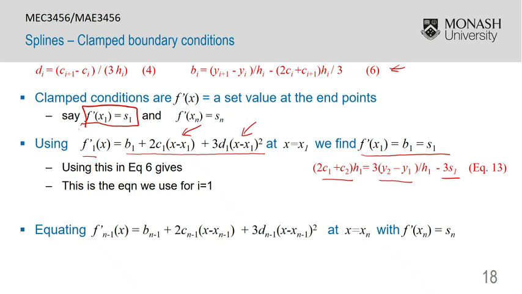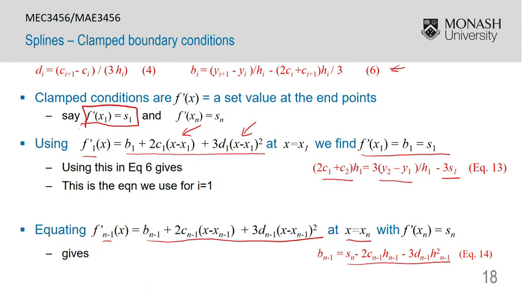We need to do a similar thing at the right-hand side. The first derivative of our spline, it's got to be the n minus 1th spline, at the right-hand side, the derivative is given by this expression here. If we substitute x equal to xn, we end up with b(n-1) equal to this expression here. That's just by the fact that we're using this condition here.